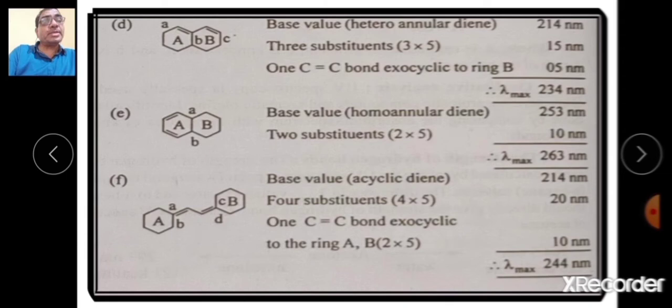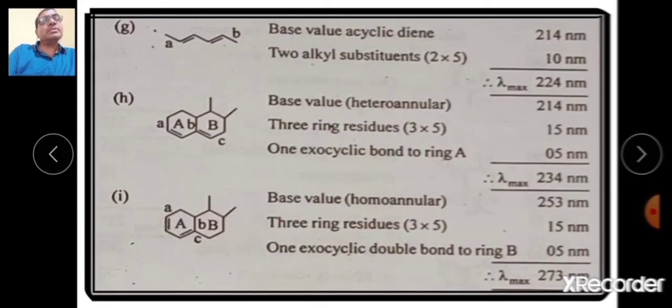The exocyclic double bond, to the ring A 1 double bond and to the ring B 1 double bond, and therefore 5 into 2, that is 10, is added, and thus the lambda max value becomes 244 nanometers.